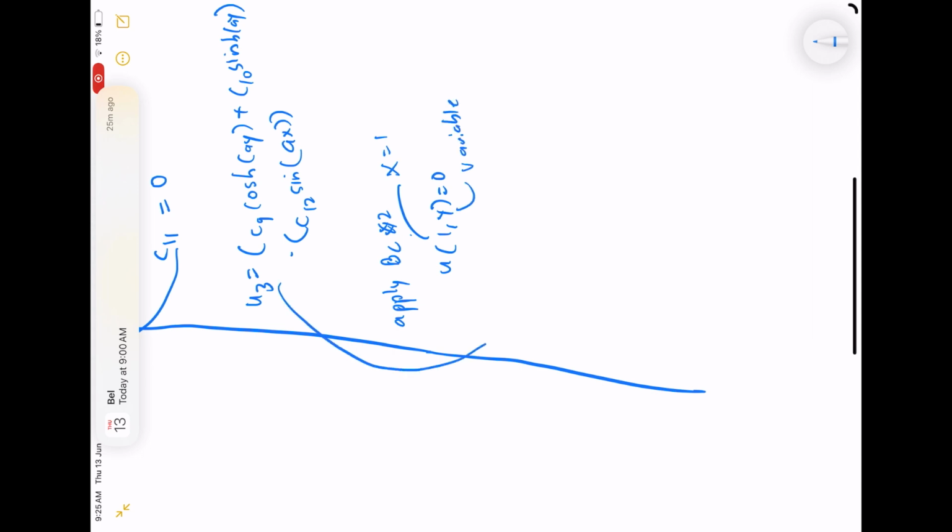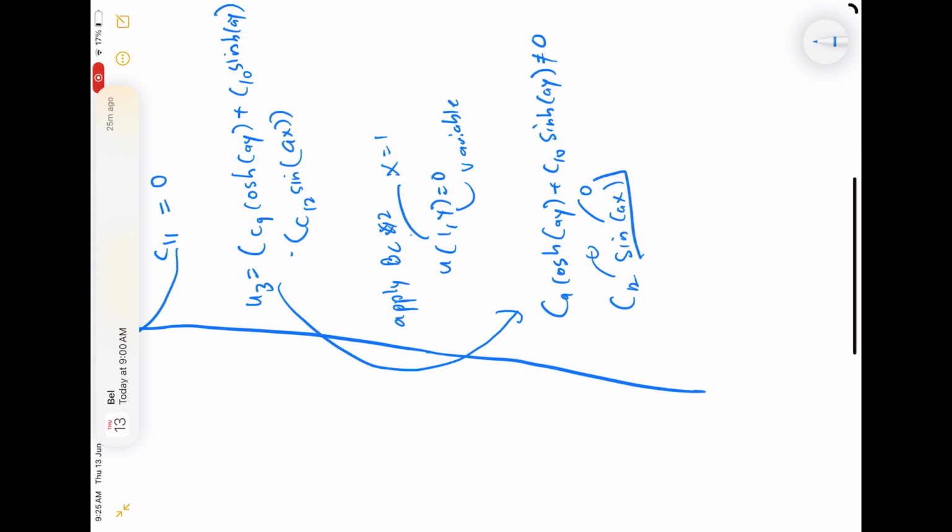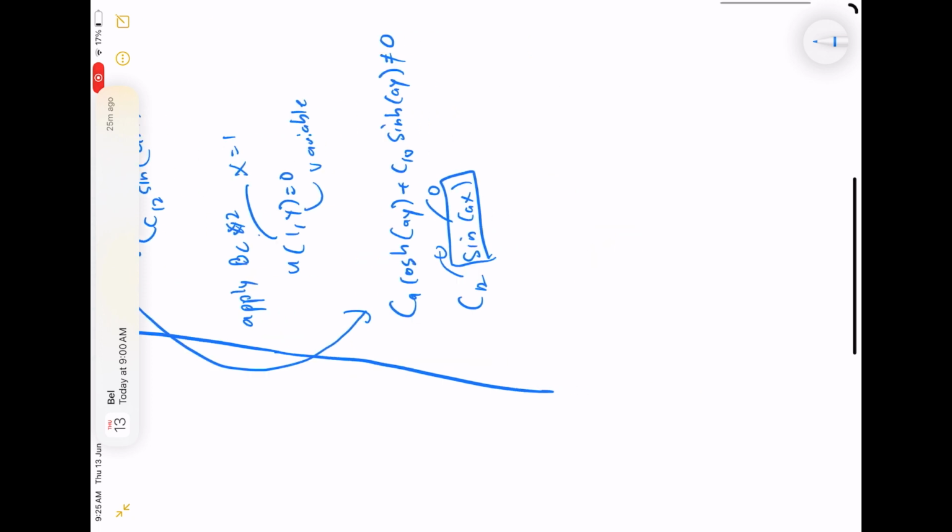So from here, when we apply the boundary condition, we know that c9 cos ay plus c10 hyperbolic sin ay cannot be 0. Only c12 and sin ax can become 0. When you see sin ax, this is the interesting part, you can make this equal to 0.